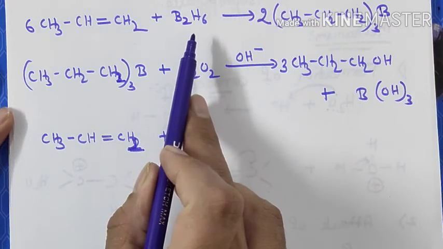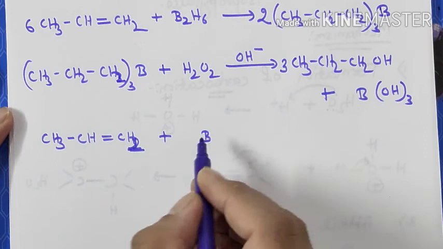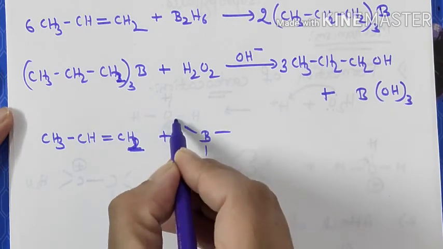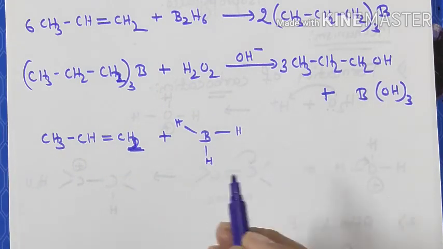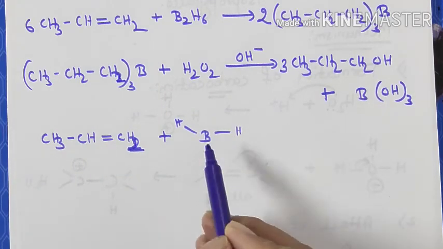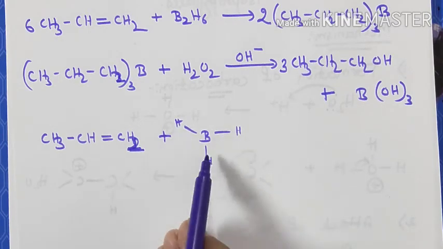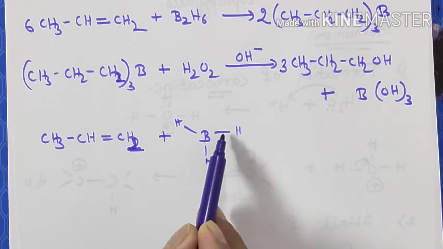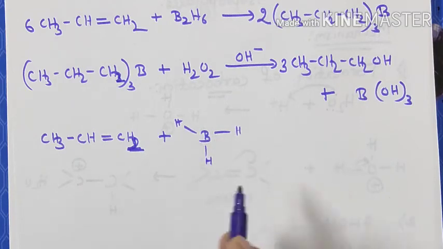If instead of the dimer I take the monomer, it is going to be like this. BH3, one molecule. Now student, boron has 3 bonds. So how many electrons are present? One bond represents 2 electrons. So 2 electrons, 2 electrons, 2 electrons, total 6 electrons.